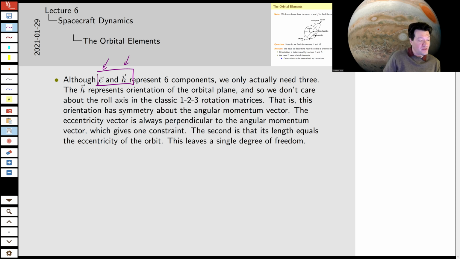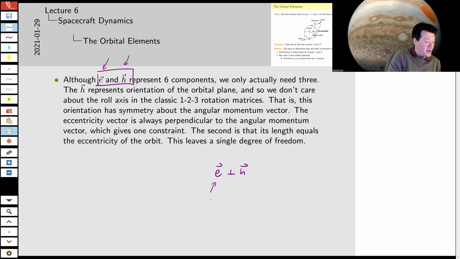They don't actually give you 6 different degrees of freedom. Specifically, the eccentricity vector points towards periapse, which is in the orbital plane, and we know that the eccentricity vector is perpendicular to the angular momentum vector. We also know that its magnitude is constrained to be the eccentricity.